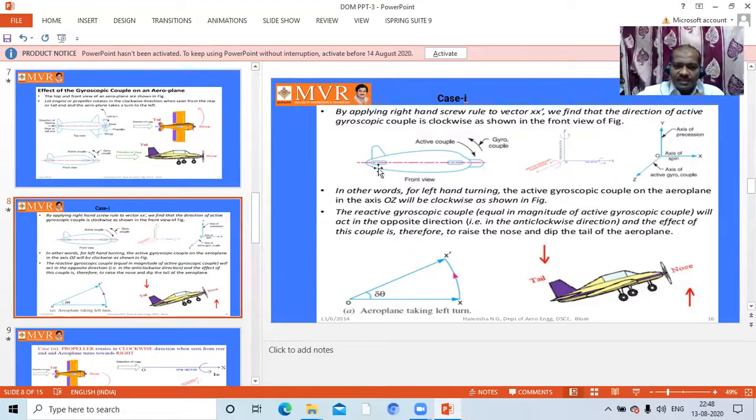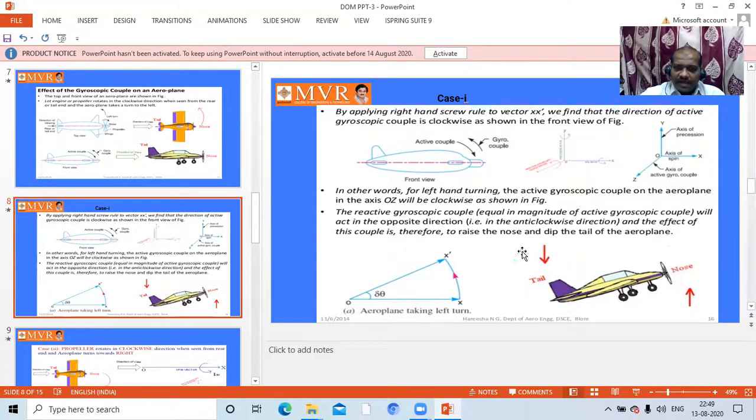So in other words, if it is taking a left turn, the active gyroscopic couple on the aeroplane about the axis OZ will be clockwise, as shown in the figure. The reactive couple, equal in magnitude to the active gyroscopic couple, will act in the opposite direction, that is anti-clockwise.